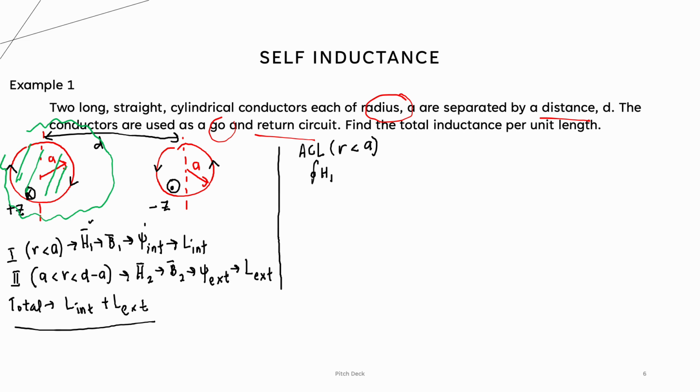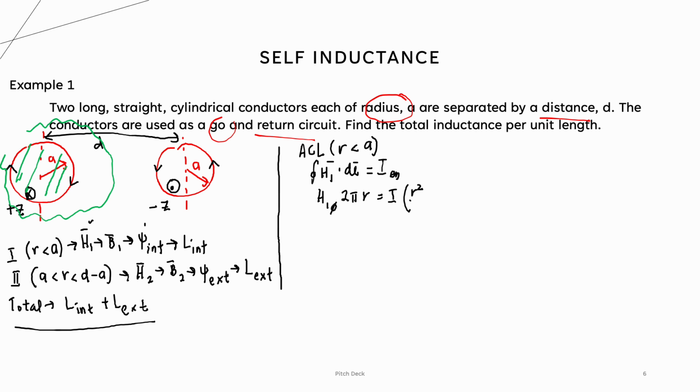H at region number 1, dot dl, is equal to I enclosed. This is based on our previous experience. H1 is going to be in the phi direction, right? So dl is going to be 2 pi r. For I enclosed, we need to use the proportion, yeah?